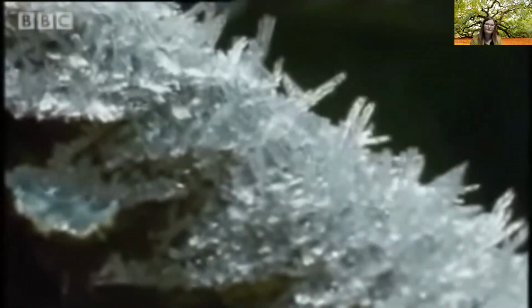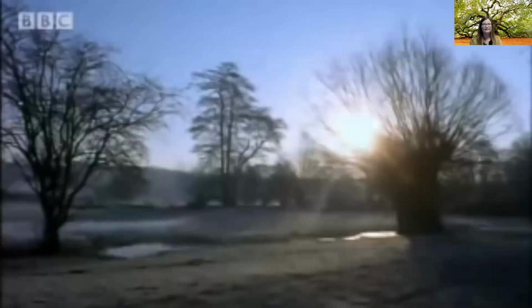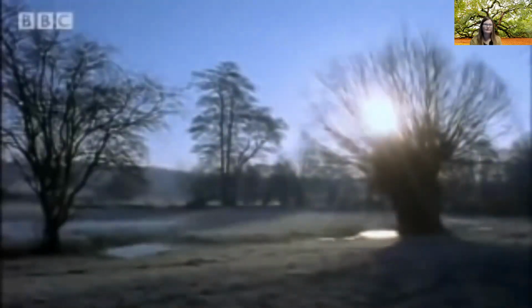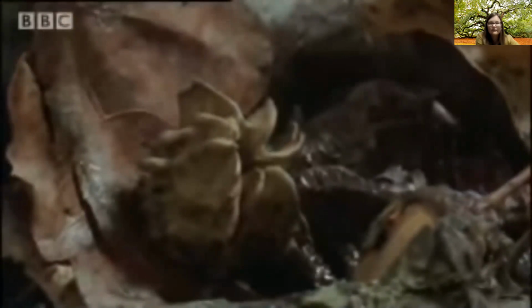Plant and insect life is suspended. But unseen changes are nevertheless taking place. Spring comes at last. Inside the gall, something starts moving.